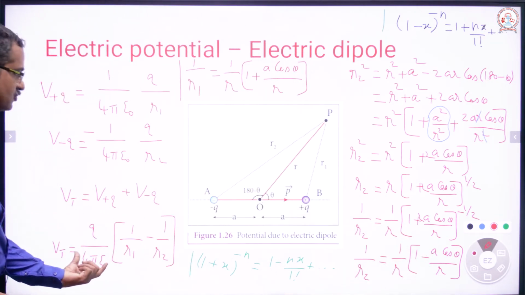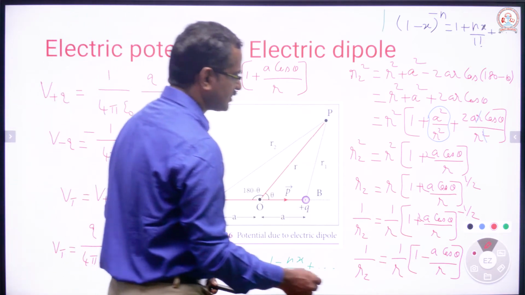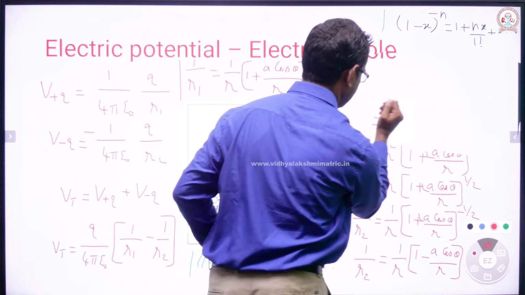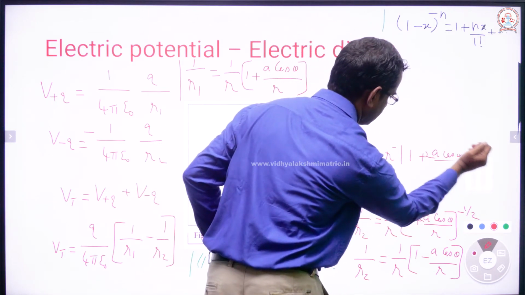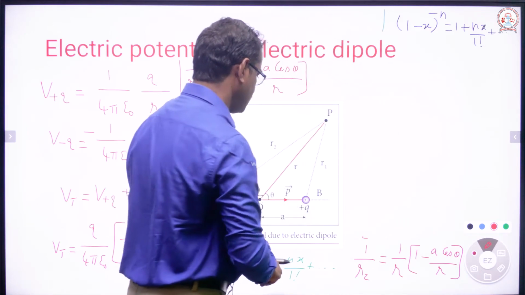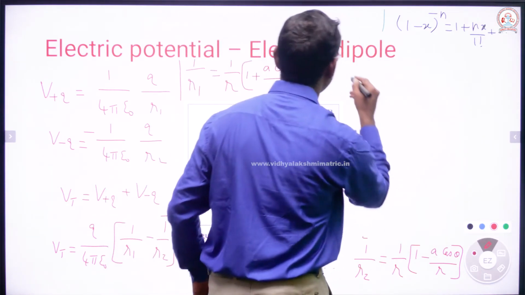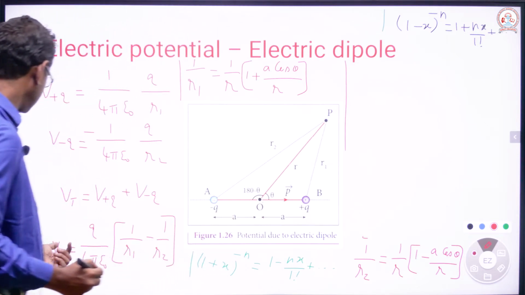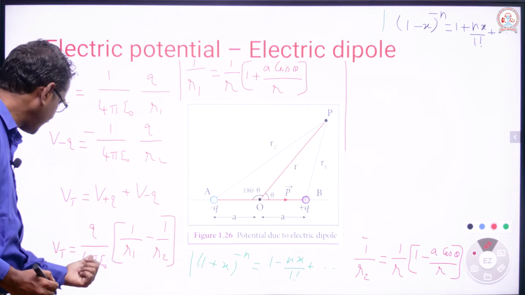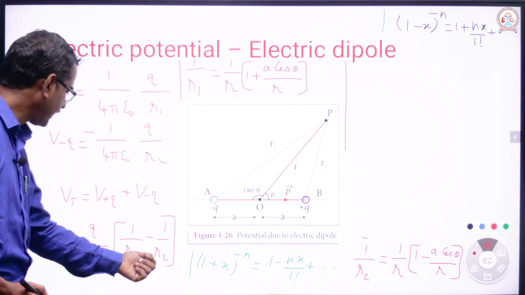Now these two values we are going to substitute here. Let us substitute the values in that equation. We have the total potential at the point P due to the electric dipole as q by 4 pi epsilon naught into 1 by r1 minus 1 by r2.